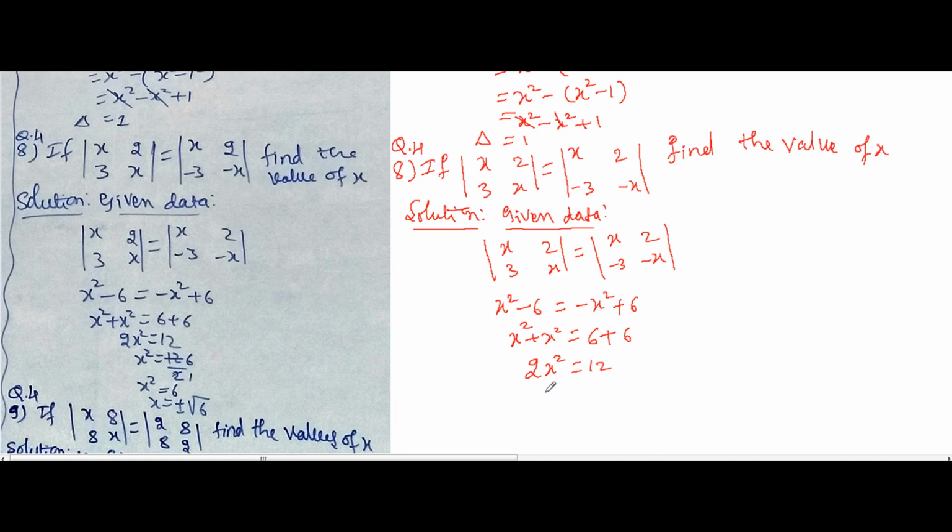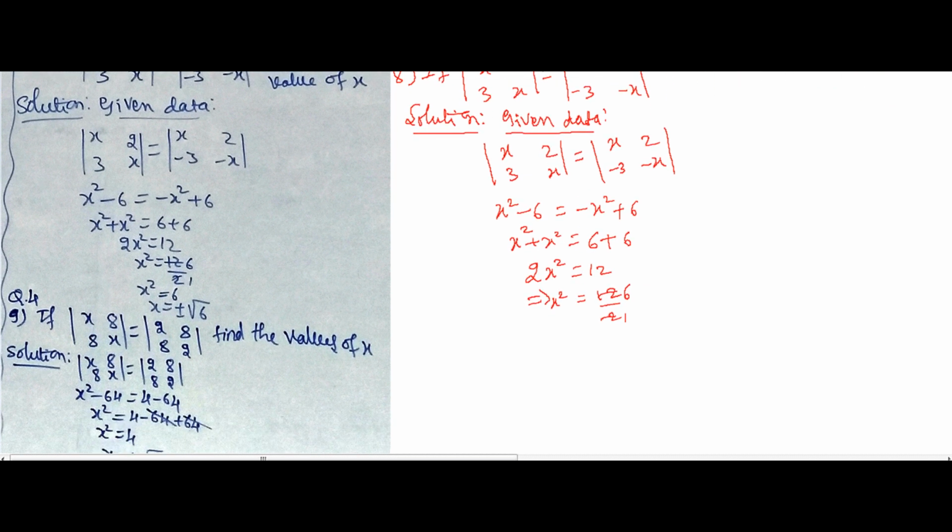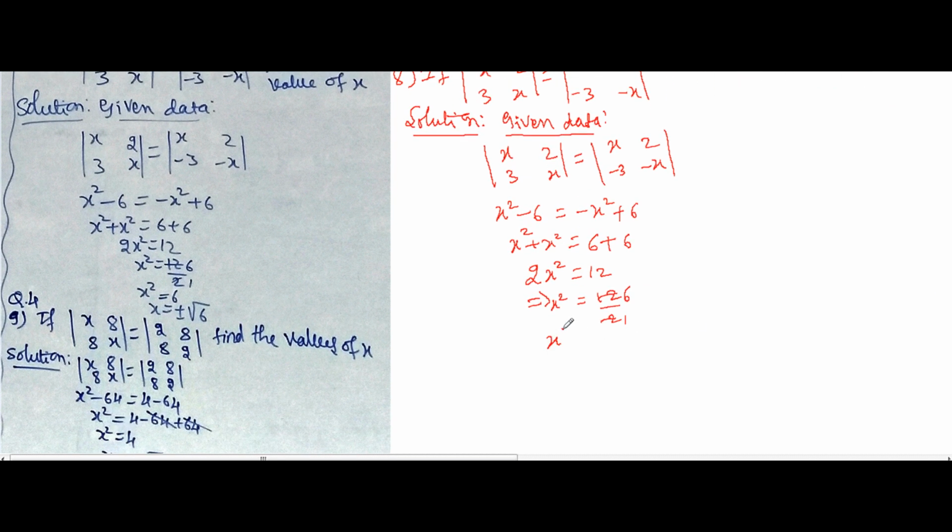Next so x square implies that x square is equals to 12 by 2, then 2 sixes are 12. So then it is going to come out as x square is equals to 6. Therefore what we shall find out? X value, that is plus or minus root 6.